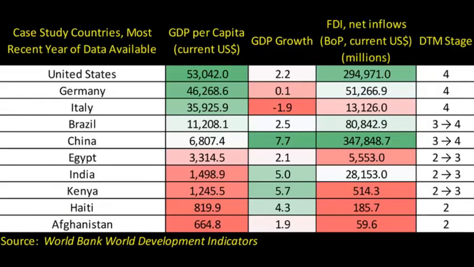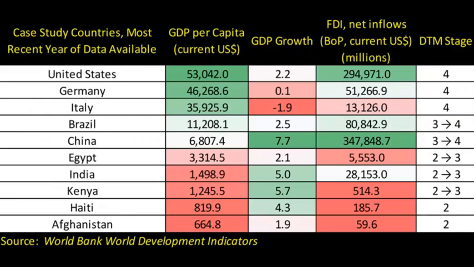But now when we look at GDP growth, that variable in the middle column, we can see that our lower income or stage 2 countries, or even our middle income countries, are the ones that have the highest GDP growth. Our stage 2 and stage 3 countries have on average higher GDP growth than our stage 4 countries, our highly developed or wealthier countries. So why is this the case?